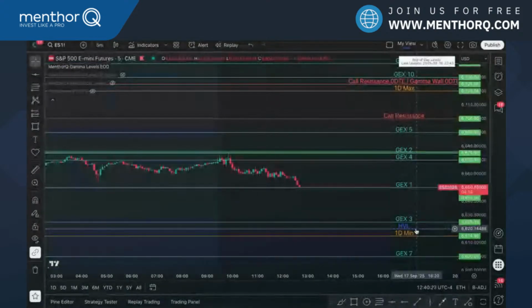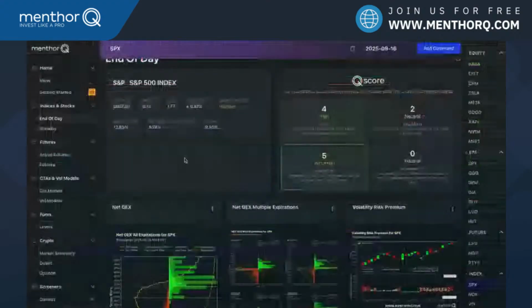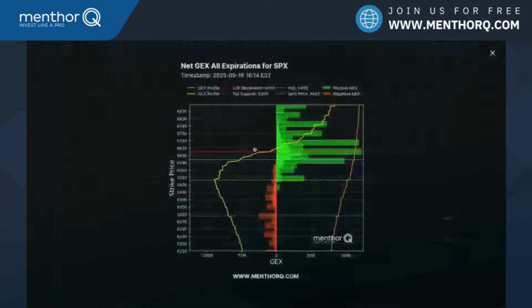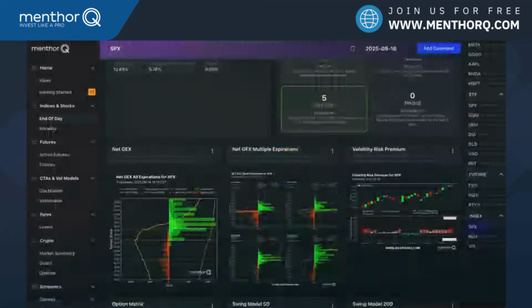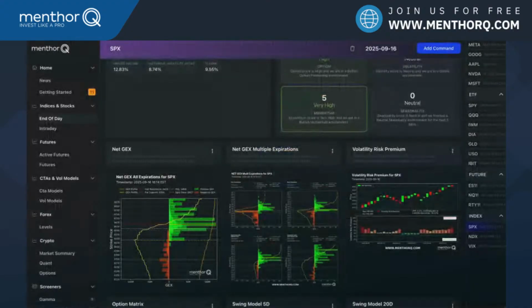So just monitor that level, or you can go back to the dashboard and see where the gamma flip level is, which is right here. Hold on a second, guys. All right, any other questions?